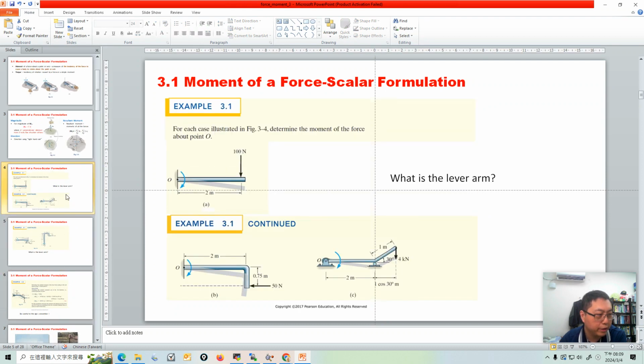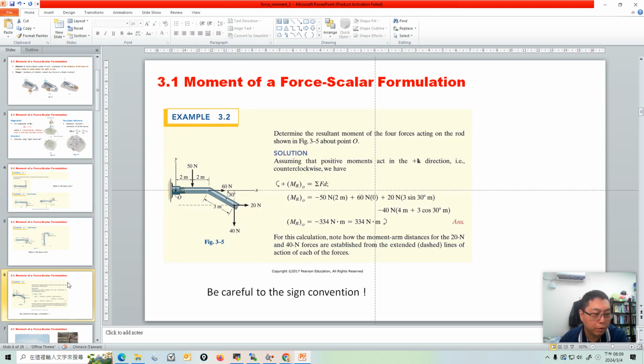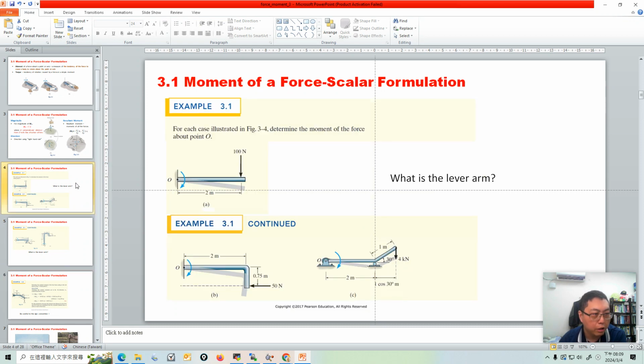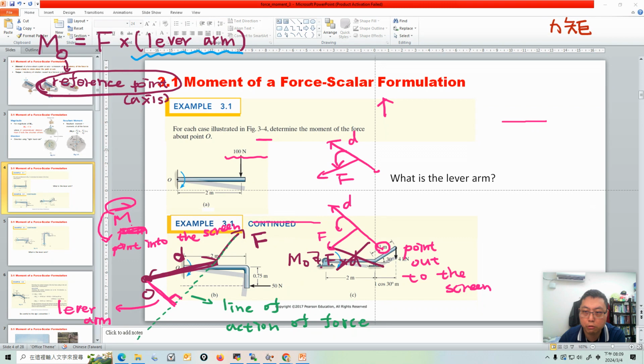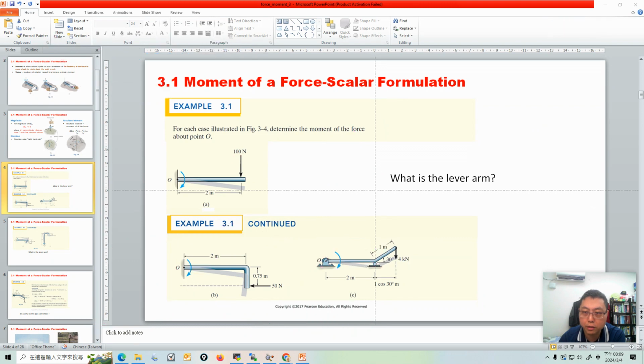Then we'll use example 3.2 to introduce the sign convention. So let's start from example 3.1. Like I said, I won't calculate the moment of this problem. I just want to know where the lever arm is.